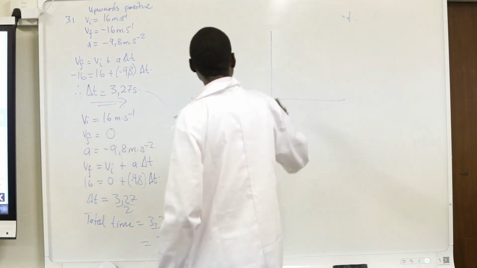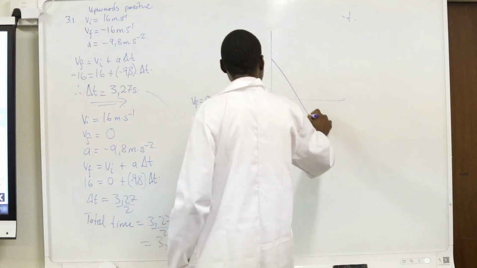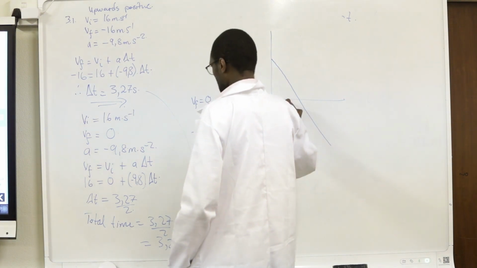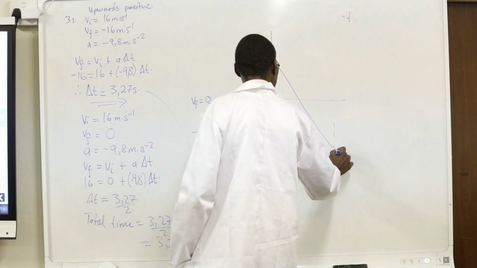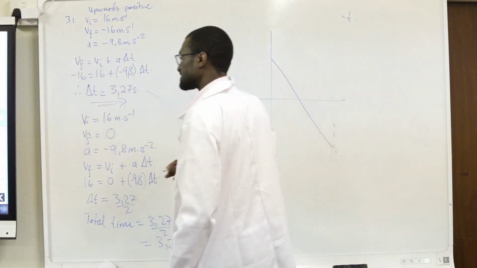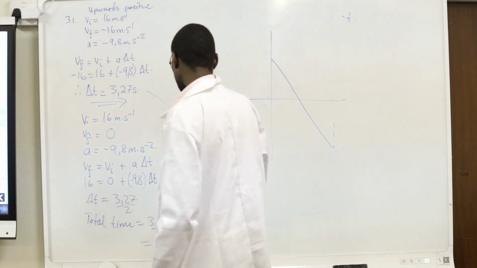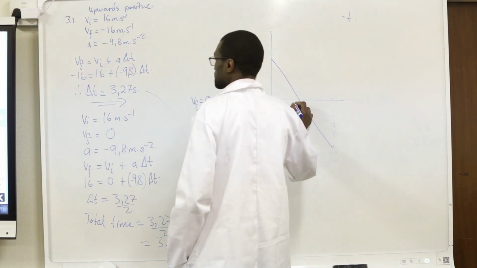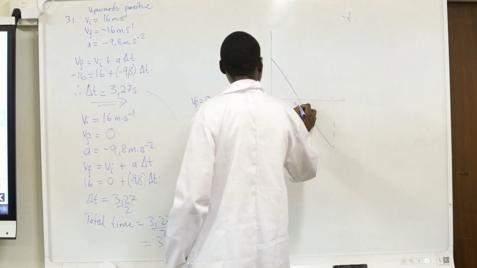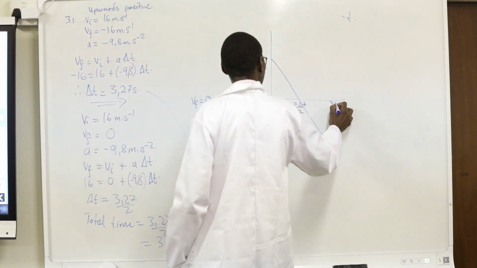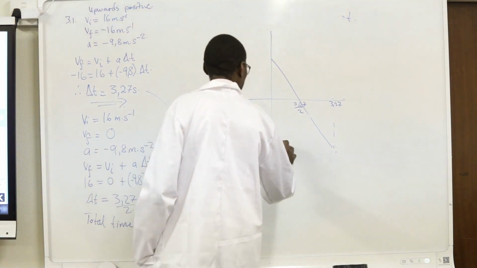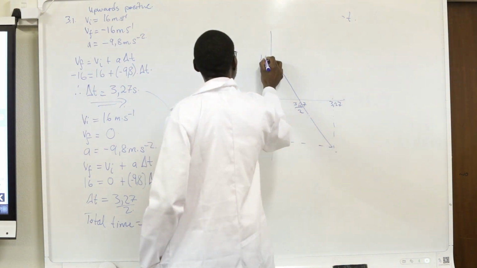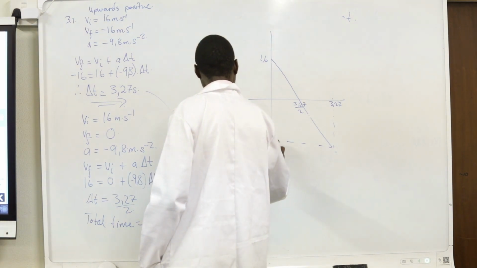It means that the initial velocity is 16, and the time it takes to reach halfway through will be 3.27 over 2, and this is 3.27, and 16 and minus 16.